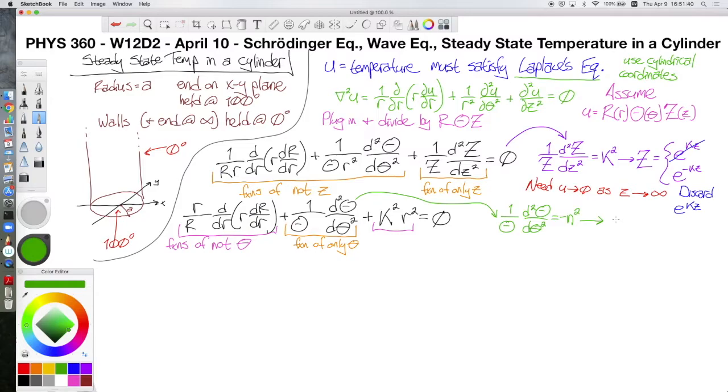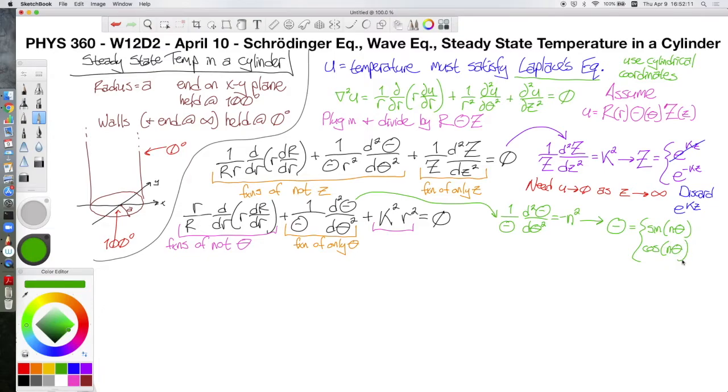We don't want exponentials for our theta functions because it should have periodic boundary conditions. Whatever value you get at 0 radians should be equal to the value you get at 2 pi radians, and if you had a positive separation constant, you would get exponentials, and that would not be possible. So instead, with a negative separation constant here, theta can either be sine of n theta or cosine of n theta.